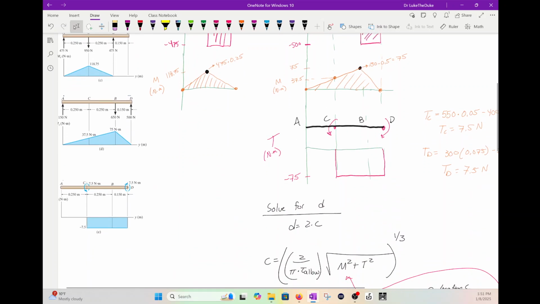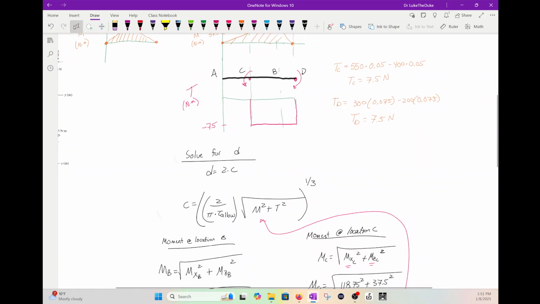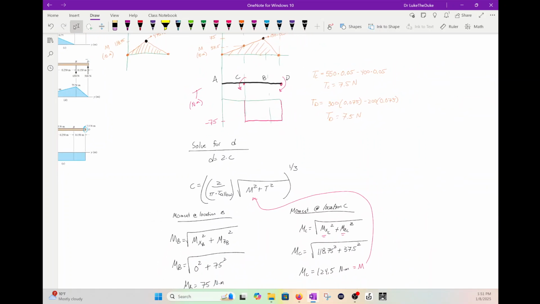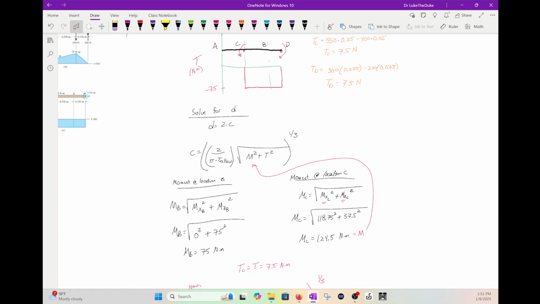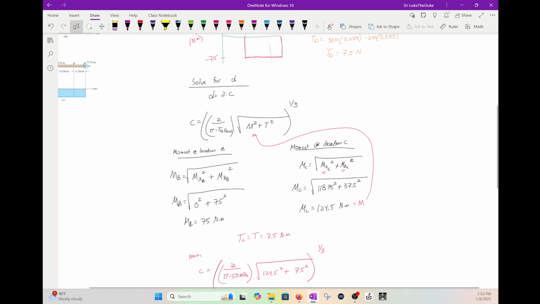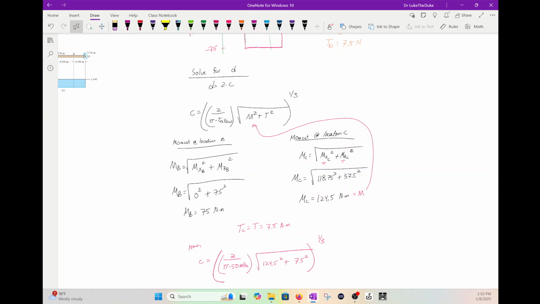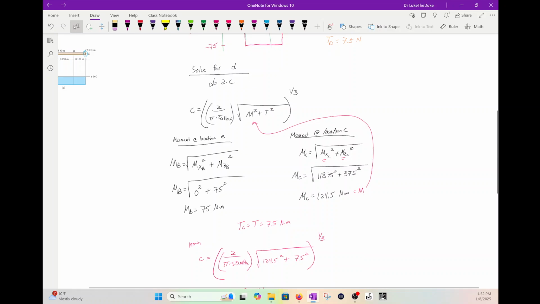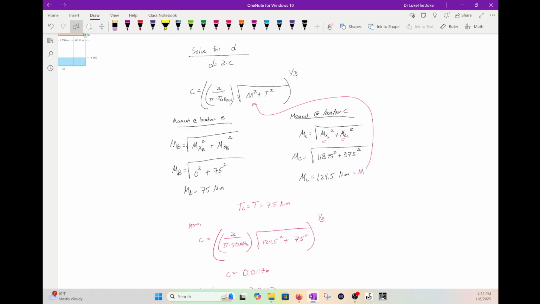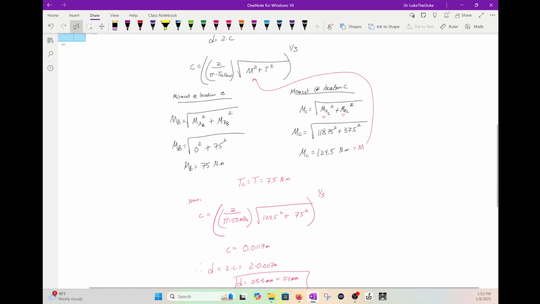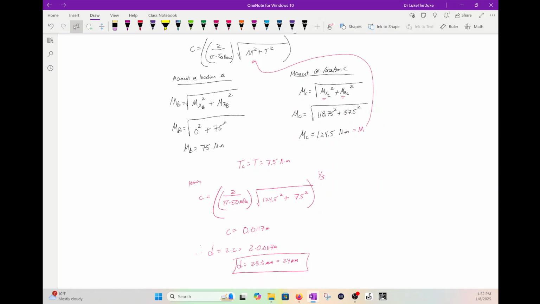Find your torque diagram. Figure out where the maximum magnitude for the moment occurs, find the magnitude, use that, and then wherever that acts, that location is where you're going to use the torque. Then you can plug it into the shear stress equation. Okay, thank you.